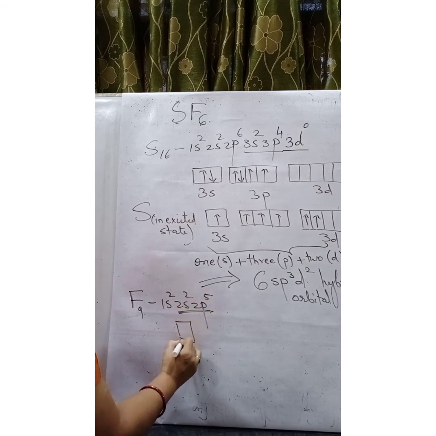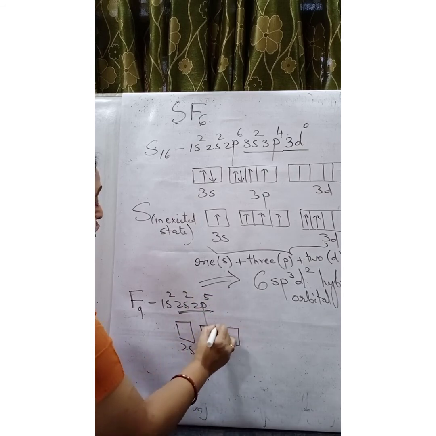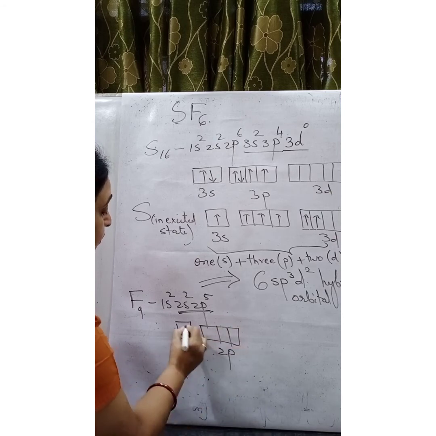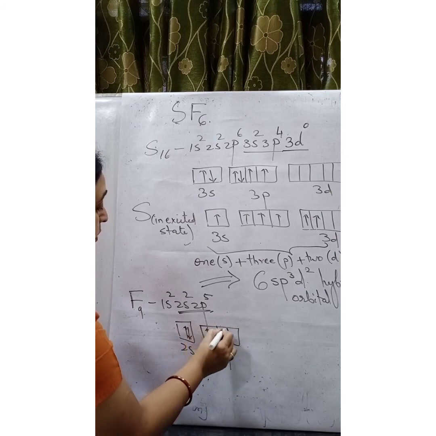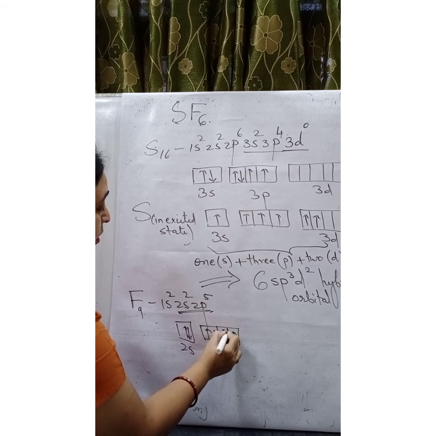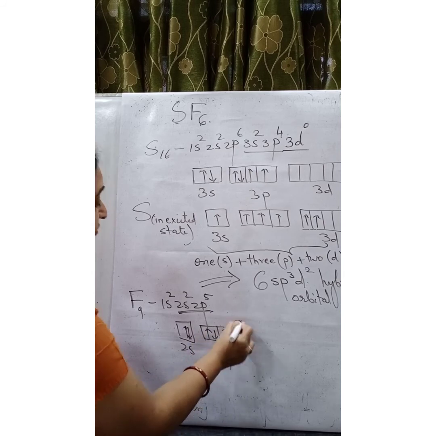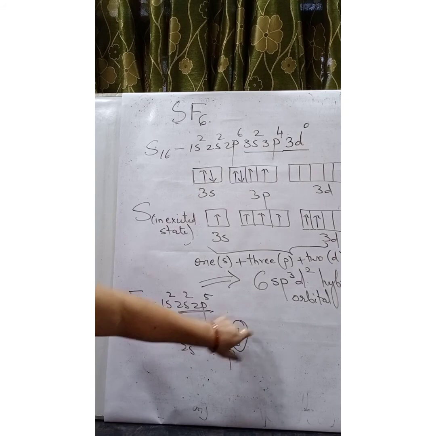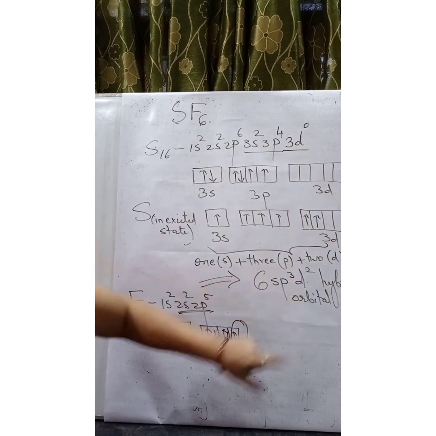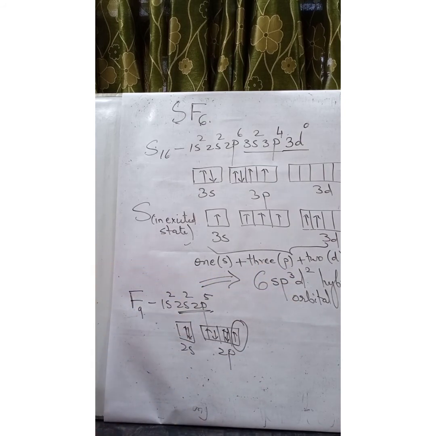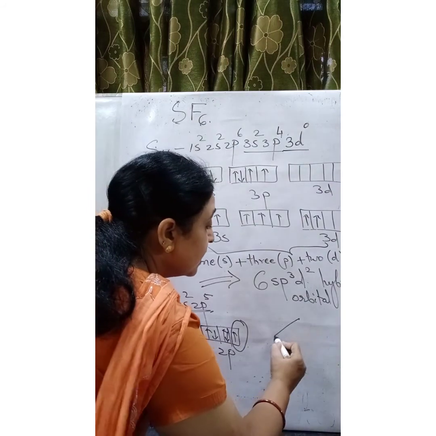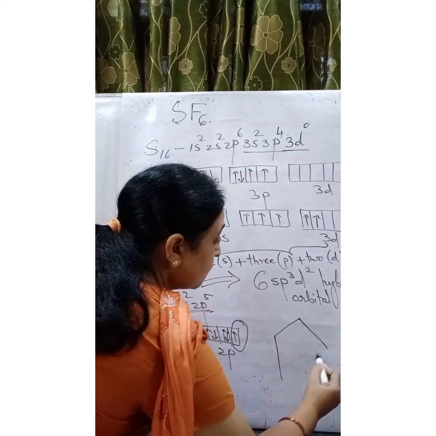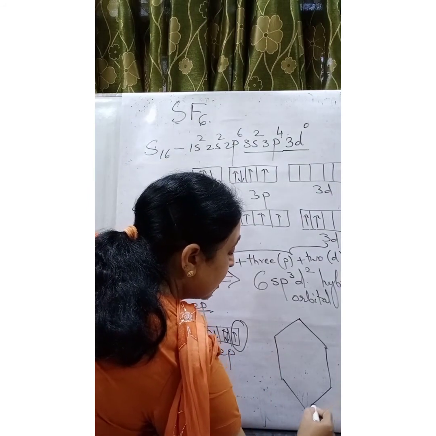We can see this is 2s, this is 2p. So you can see this half-filled atomic orbital of fluorine overlaps with each of the sp3d2 hybrid orbitals, giving rise to an octahedral geometry of sulfur hexafluoride.